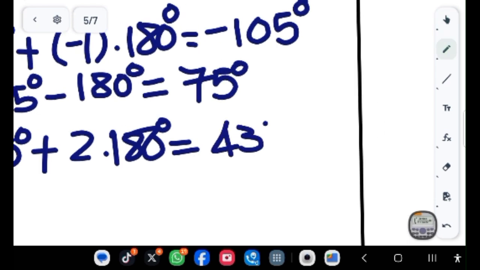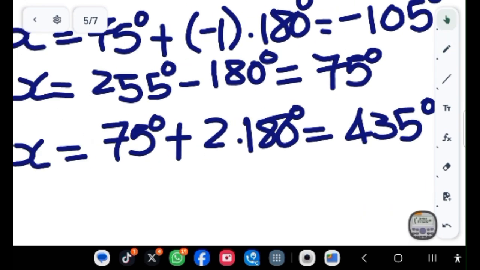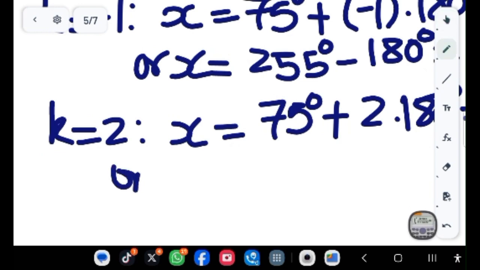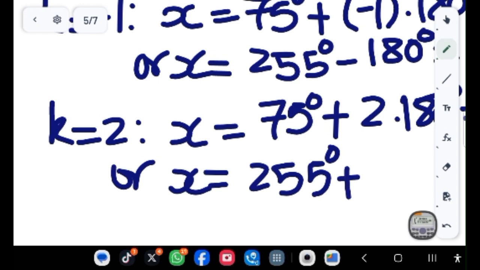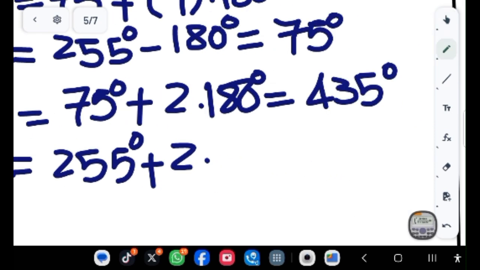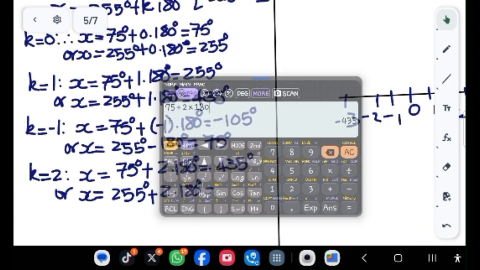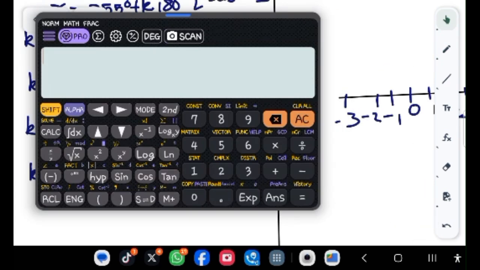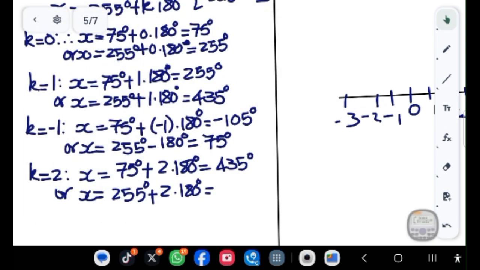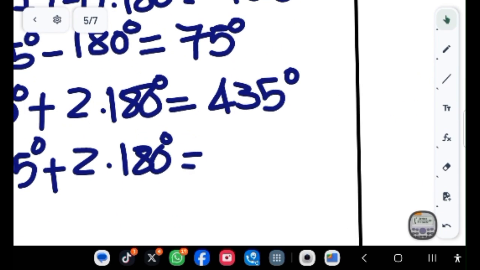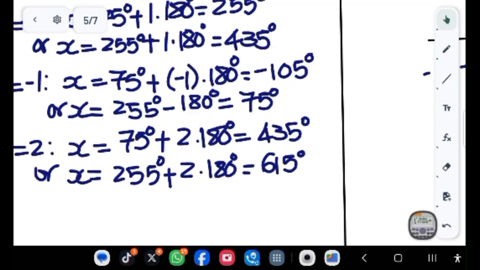Or x equals 255 plus 2 times 180. That gives us 615. Okay, both of these are outside the restrictions, so we're good.